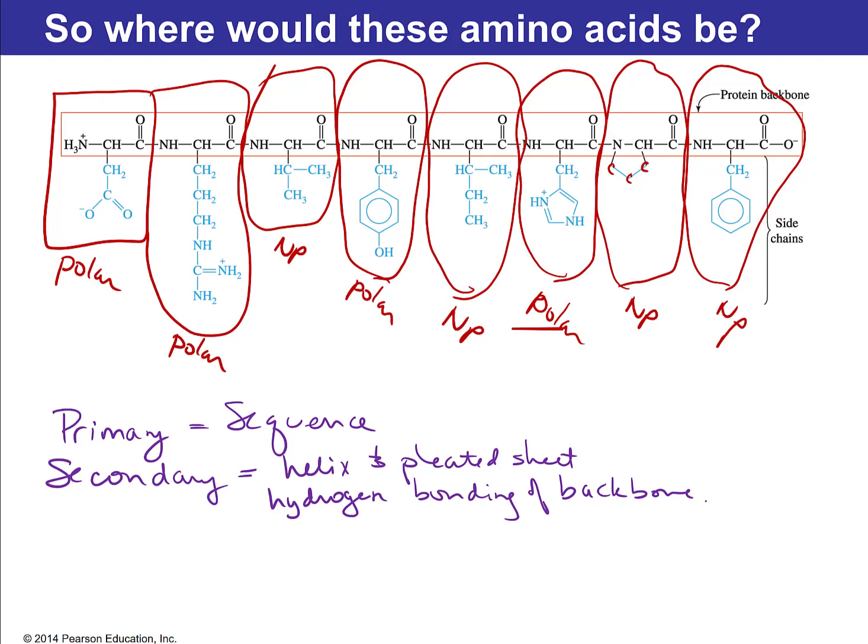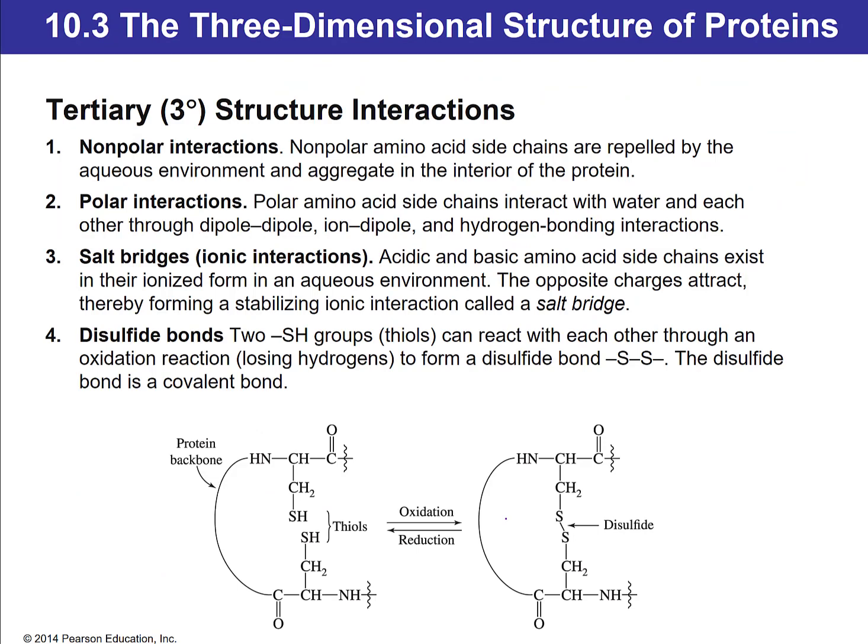And whether it's polar or non-polar is going to affect the twists and the folds that secondary structure creates. So this is tertiary. Tertiary, or the third level of structure, depends on the R group. So in tertiary, the R group, also called the side chain, either one, is the part of the amino acid that's unique or different.